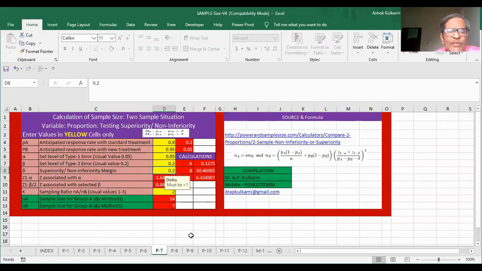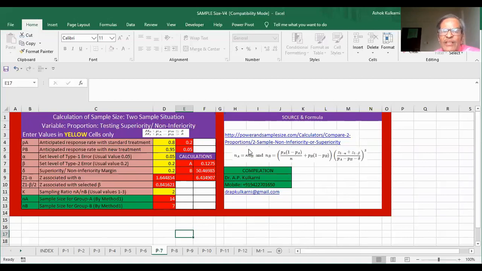The margin is 0.2. Then in that case, the sample size for group A by method 1 is 14, and the sample size for group B by method 1 is 7. What method 1 and method 2 are is explained over here. Now the important thing is that the source and the formulas are given.